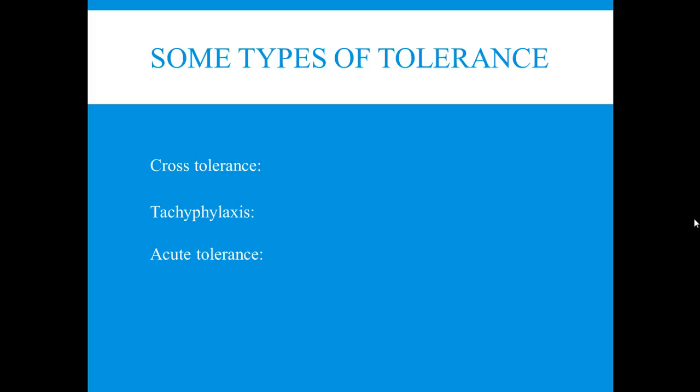So, cross tolerance means if tolerance develops to the effects associated with one drug, then it's likely that tolerance will also develop to the same effect of a closely related drug.